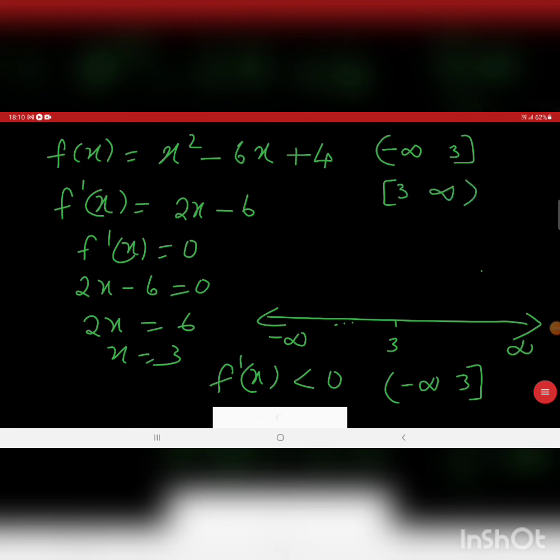See, 4 is a point in that interval. Then find f dash 4. What is f dash 4? f dash 4 means 2 into 4 minus 6, that is 8 minus 6, which is 2. That is greater than 0. So in the interval 3 to infinity, f dash x is greater than 0. This implies that the function is increasing in the interval 3 to infinity.